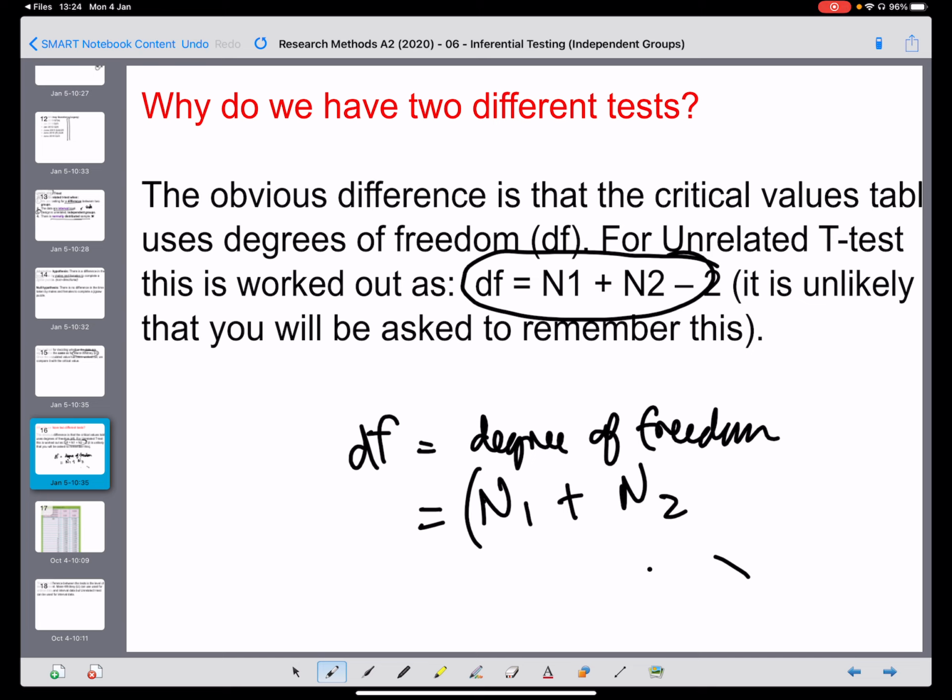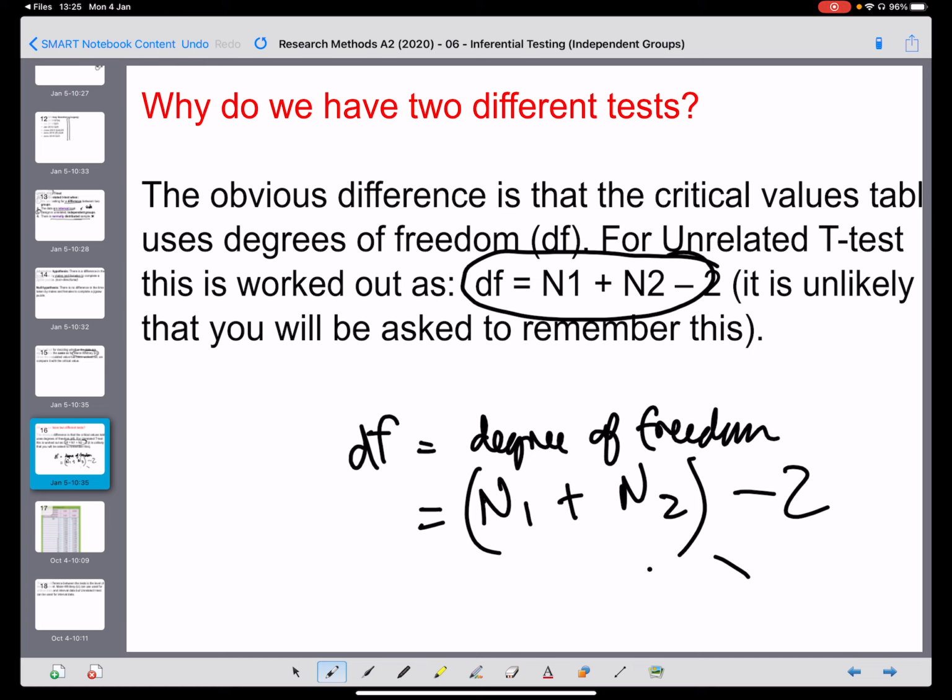Degrees of freedom is the number of participants in group one plus the number of participants in group two, and then we take the sum of that and we take 2 away. You don't need the brackets because it's a summative law of addition and subtraction, so it won't make any difference to the answer. I think they'll get you to substitute this in.